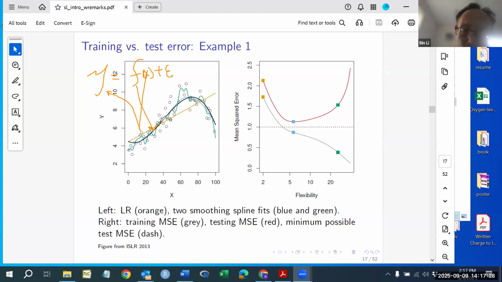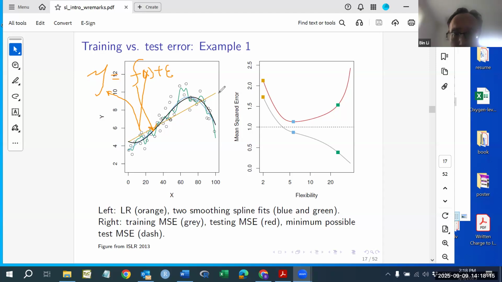So these circles are the observed data points, and you can see the orange line.